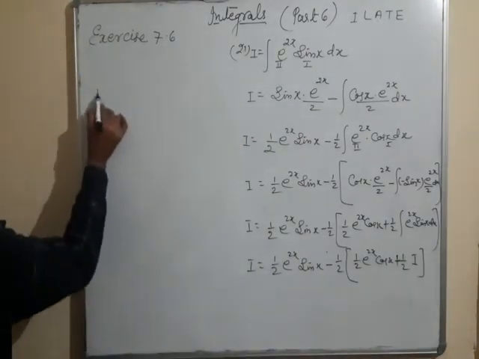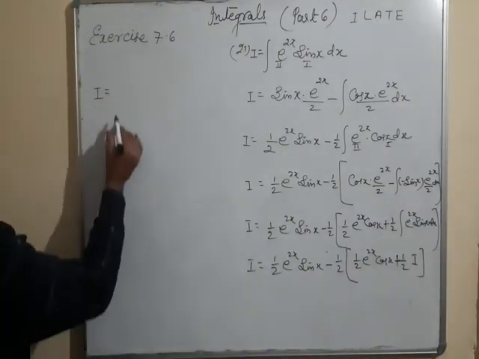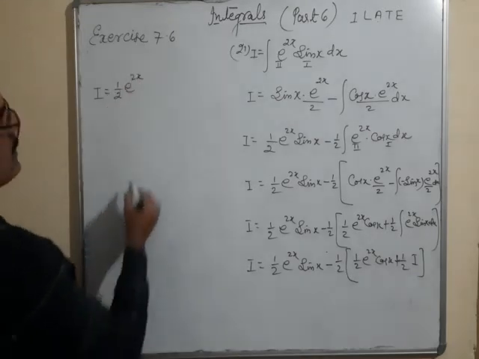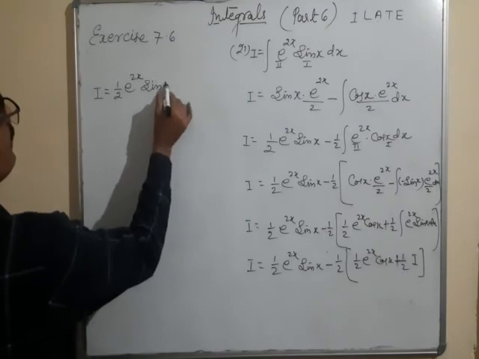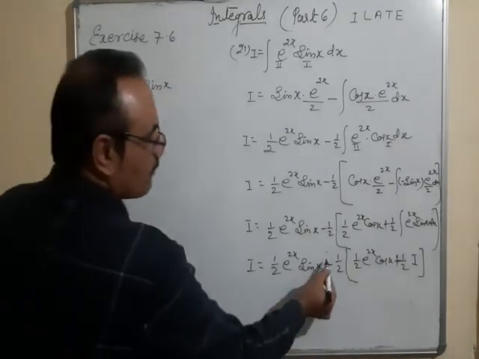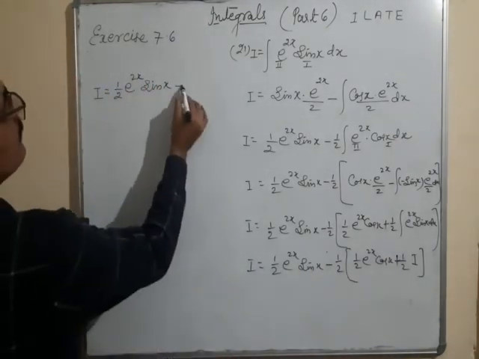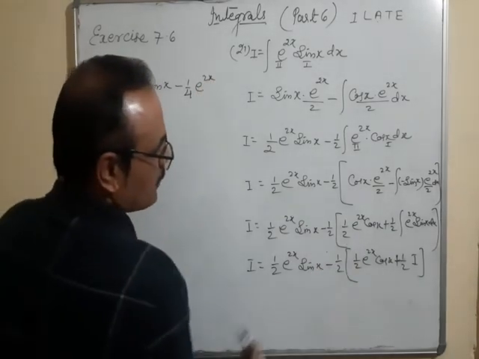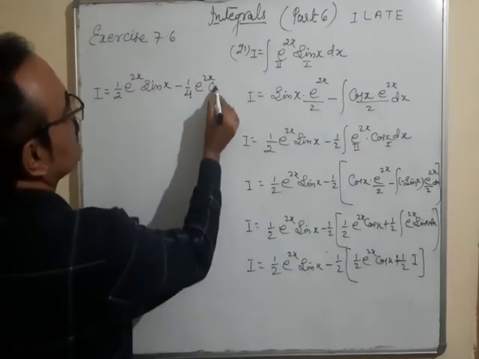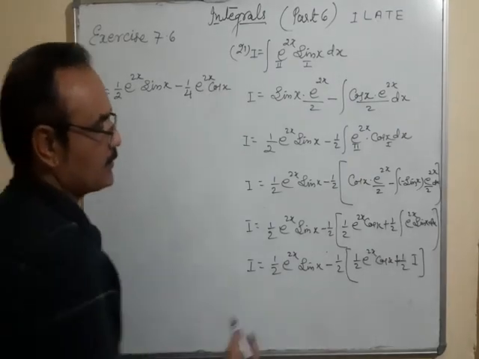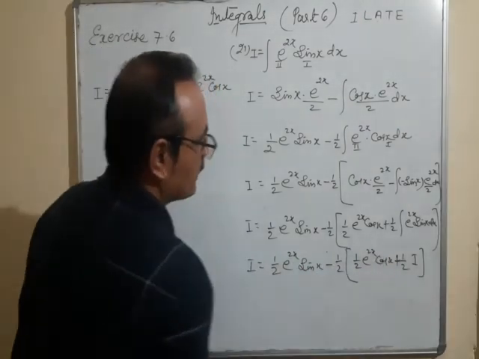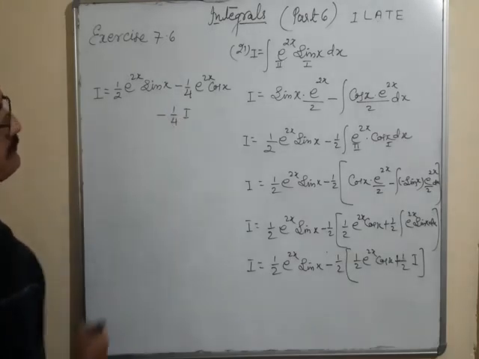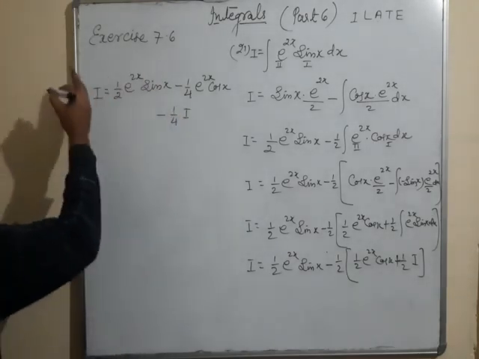I is equal to 1 upon 2 e to the power 2x sin x minus 1 upon 4 e to the power 2x cos x, and minus 1 upon 4 I, this will be shifted here.